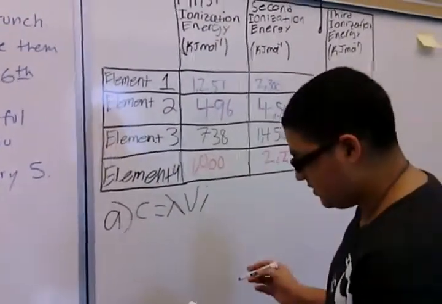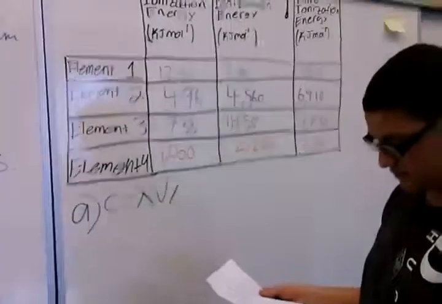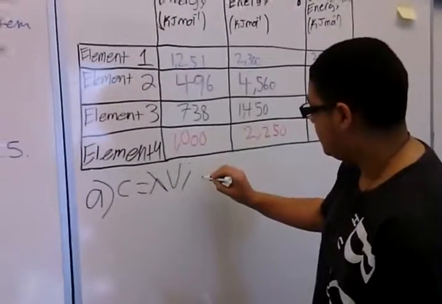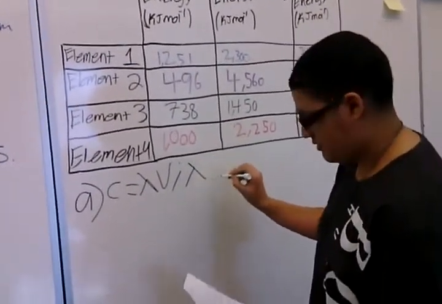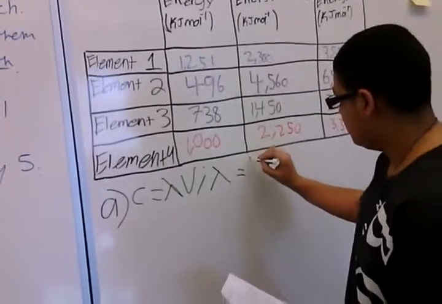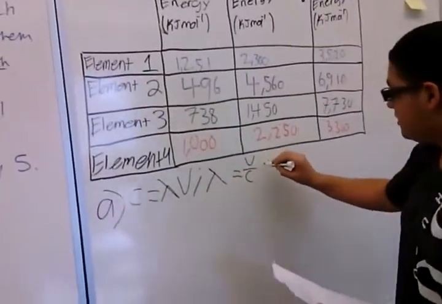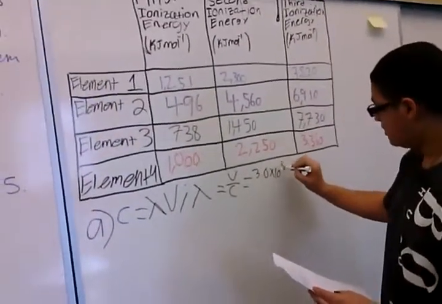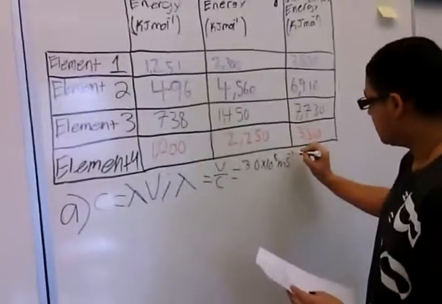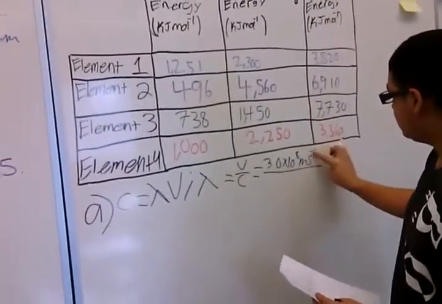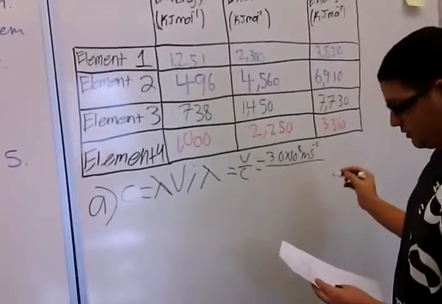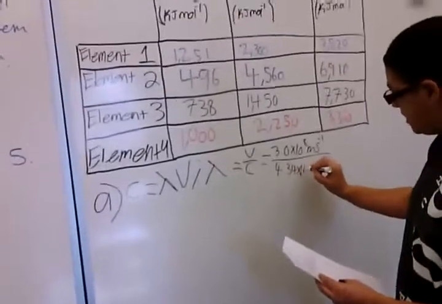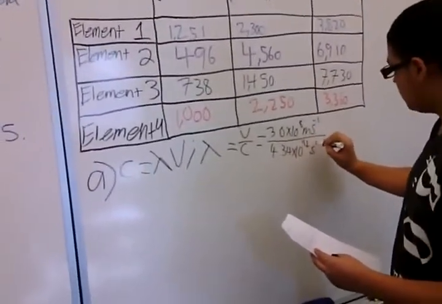But since we need to find the wavelength, we're going to have to move it so lambda equals c over nu, and this will equal 3.0 times 10 to the 8th meters per second over 4.34 times 10 to the 14th seconds to the negative 1.